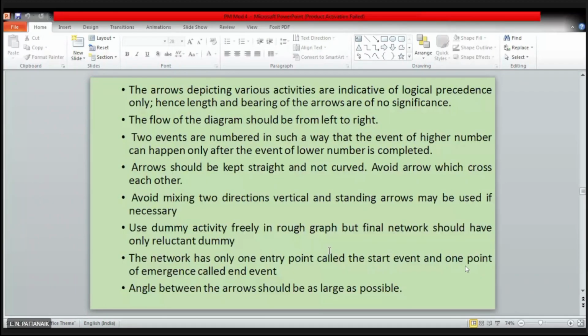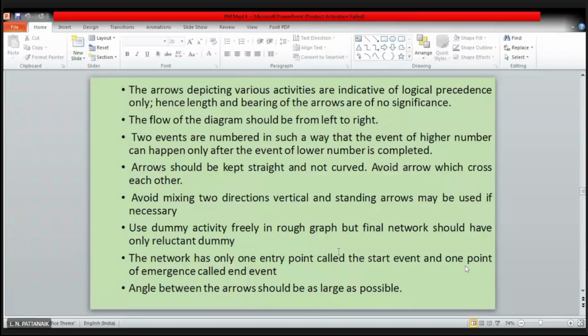Next is the arrows depicting various activities are indicative of logical precedence only. Hence, length and bearing of the arrows are of no significance. So what this rule says, in the network diagram, the length of the arrow does not represent any characteristics like the time it takes or the resources it consumes.